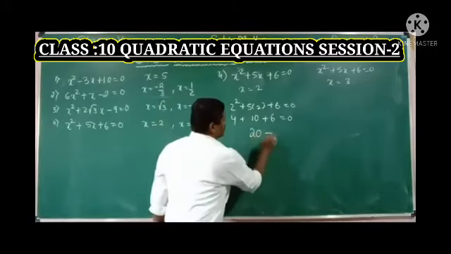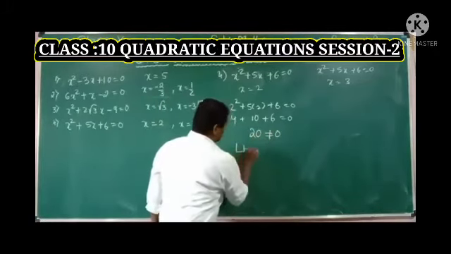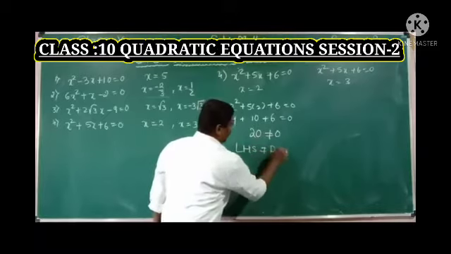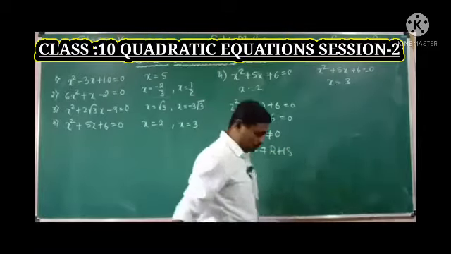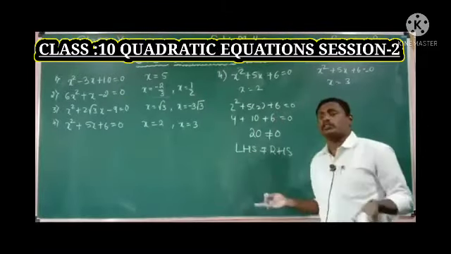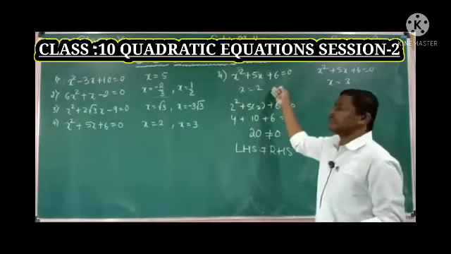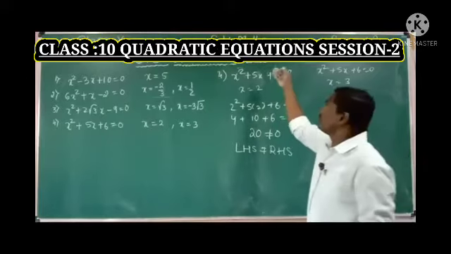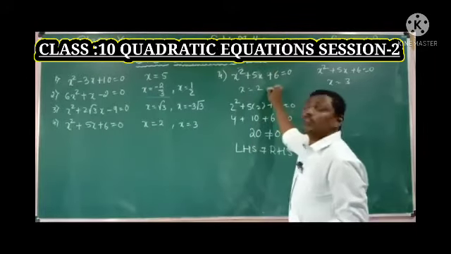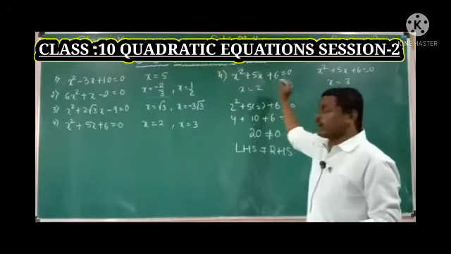So 20 is not equal to 0, it means LHS is not equal to RHS. If LHS is not equal to RHS, the given root does not satisfy the quadratic equation.